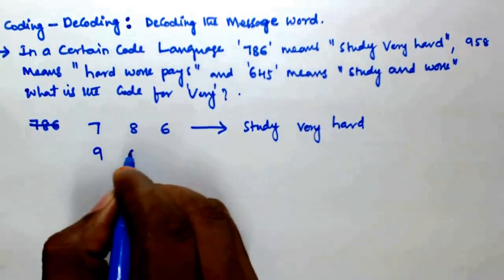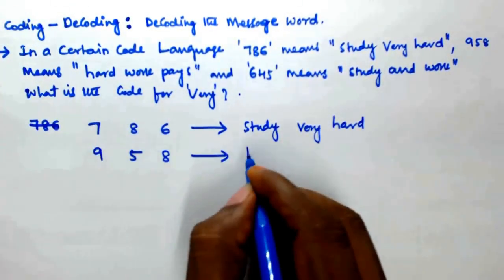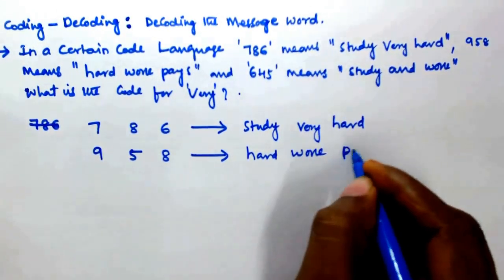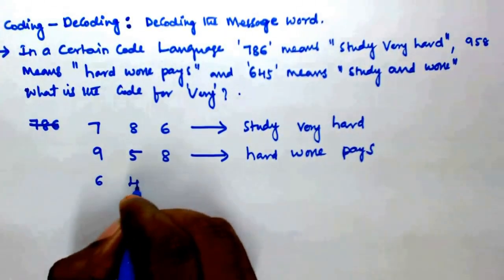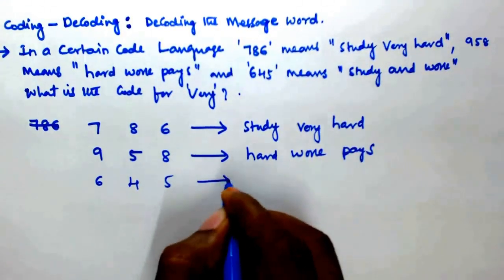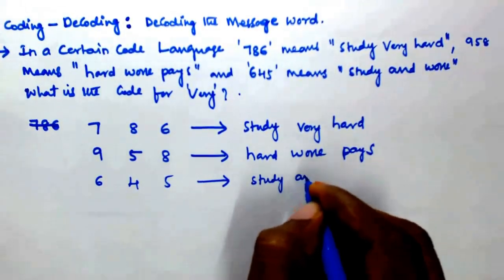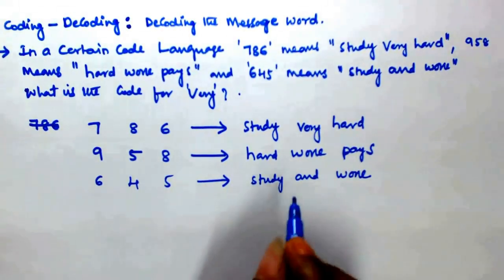In the same way, 958 means hard work pays. In the same manner, 645 means study and work.